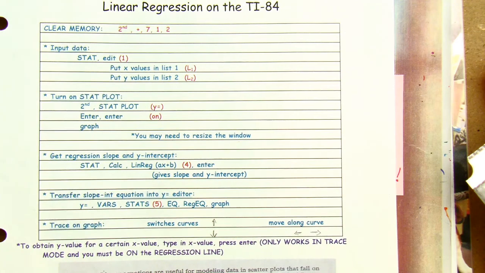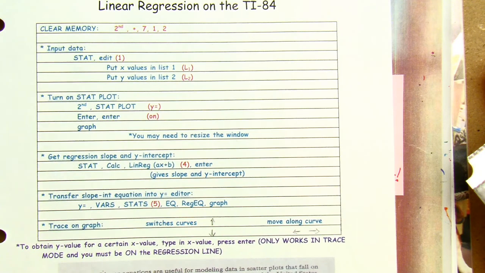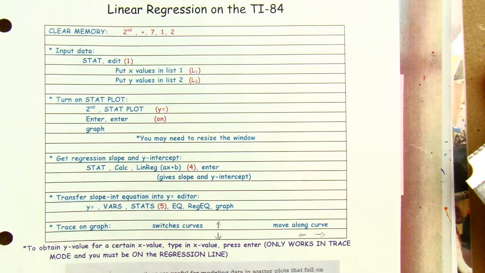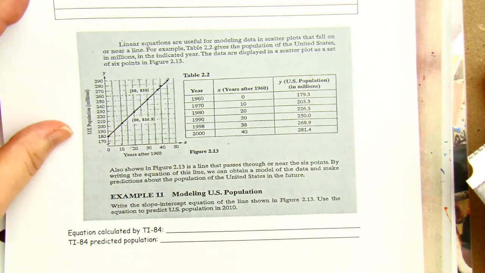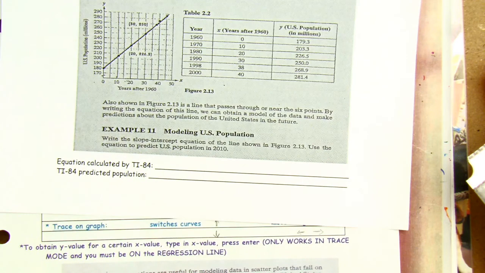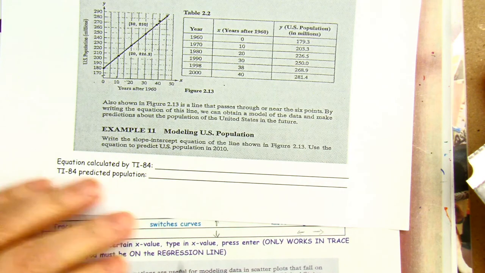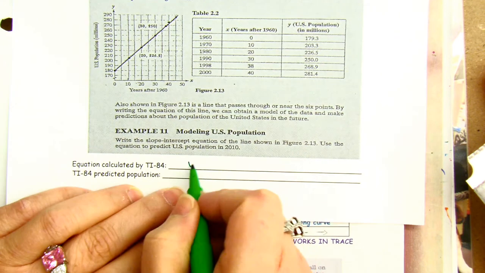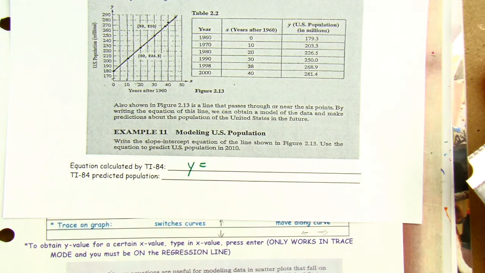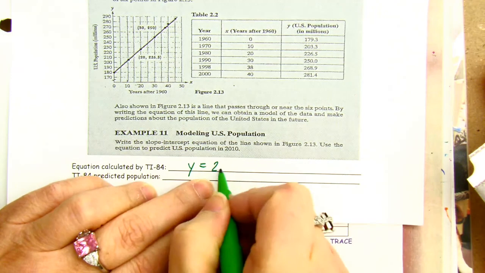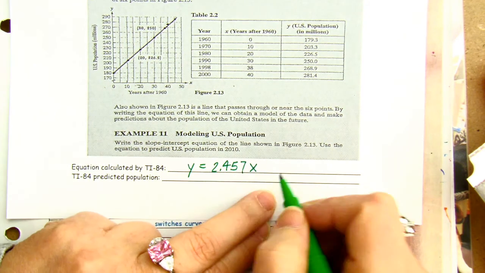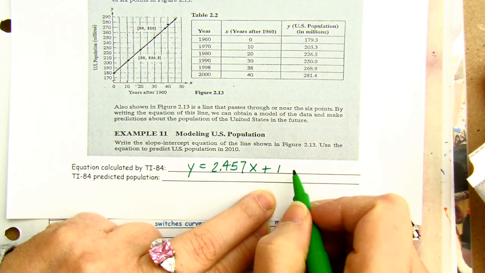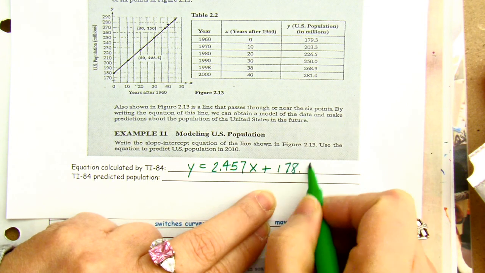All right, so at the bottom of our page, right here, the equation calculated by the TI-84 is y equals 2.457x plus 178.4.